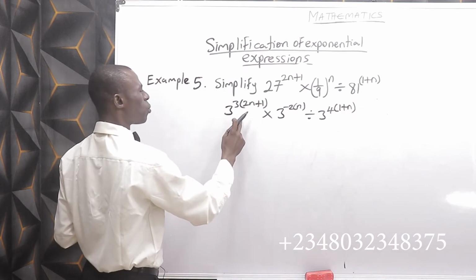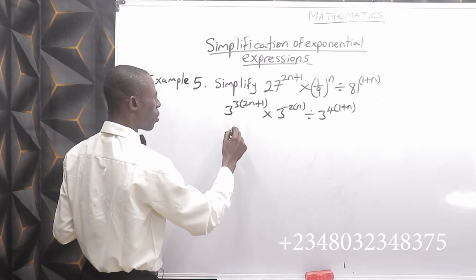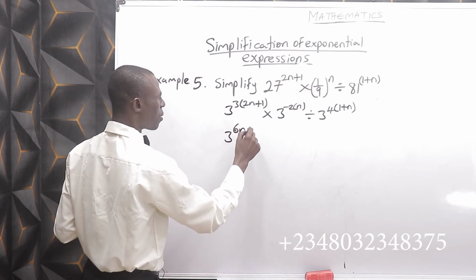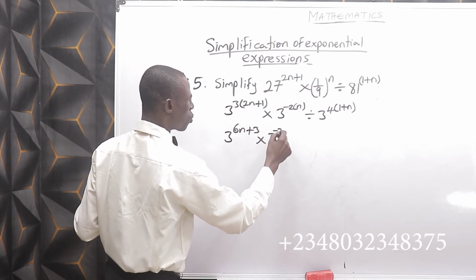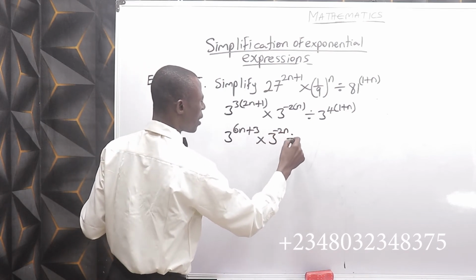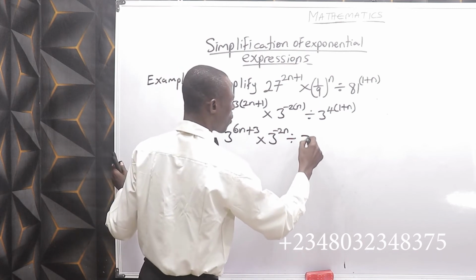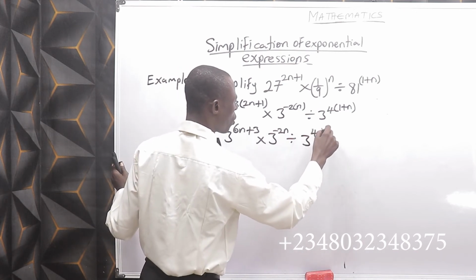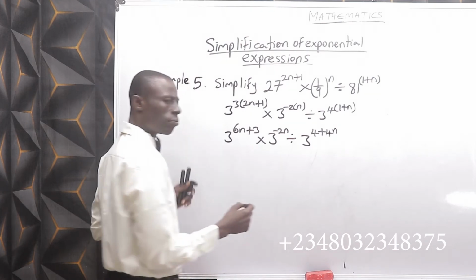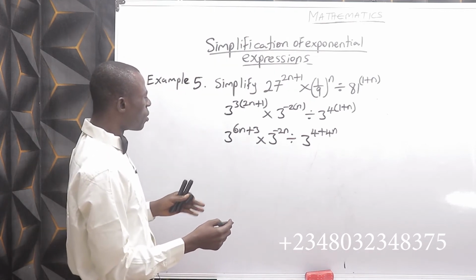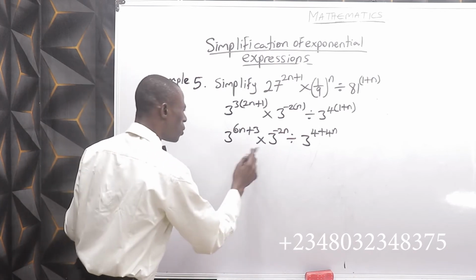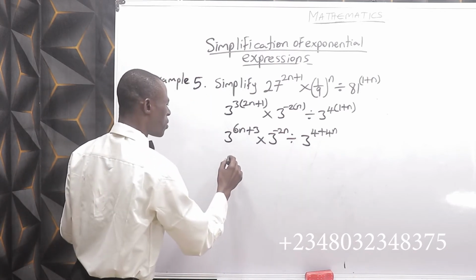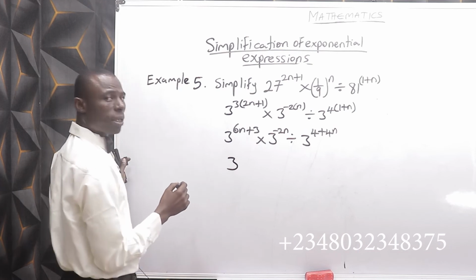So opening this bracket with 3, we have 3 raised to power 6n plus 3 times 3 raised to power minus 2n divided by 3 raised to power 4 plus 4n. Applying the laws of indices here, take one of the common base, which is 3.